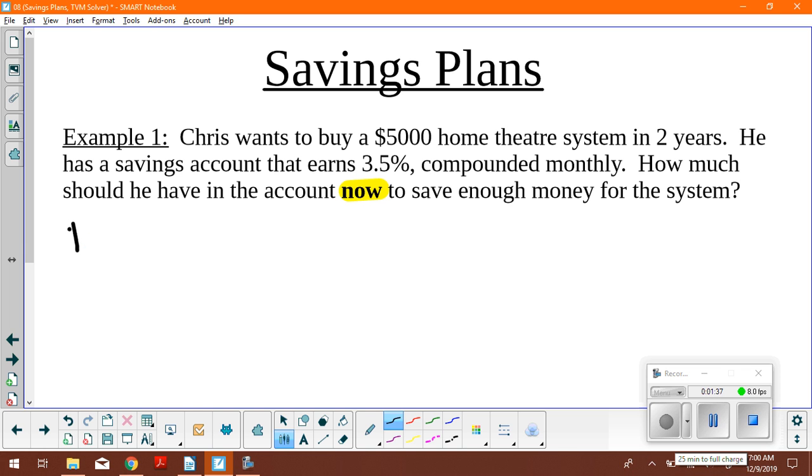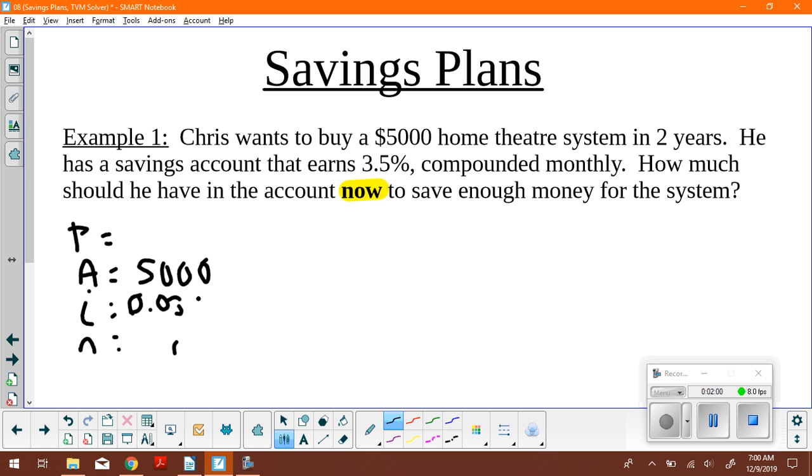My variables for that are P, A, I, and N. What do I know? He wants the $5,000 in 2 years, so that's at the end of his investment. For his interest rate, I, it's 3.5%, so 0.035.